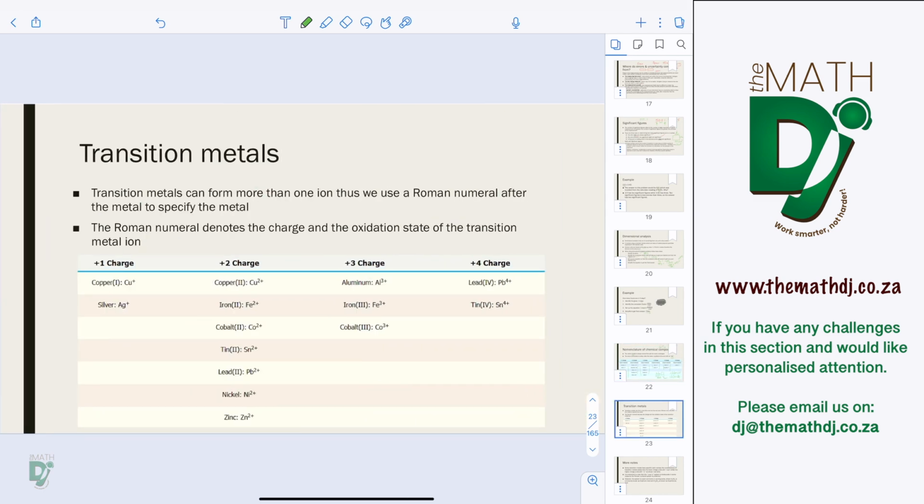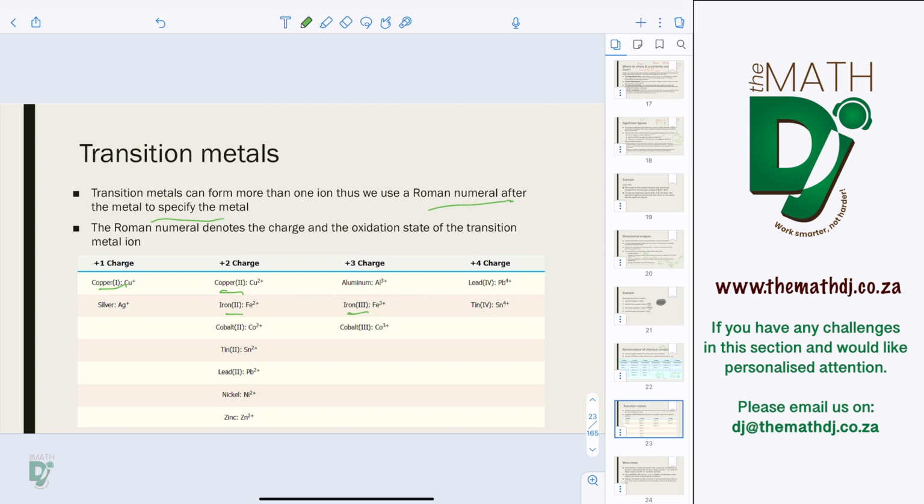Okay, then there are transition metals. Transition metals can form more than one ion. Thus, we use a Roman numeral after the metal. For example, there's copper 1, then there's copper 2, iron 2, and iron 3. So if a metal is a transition metal, you specify which one you are referring to.